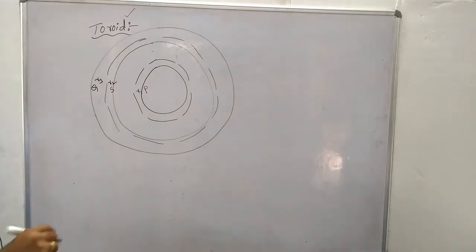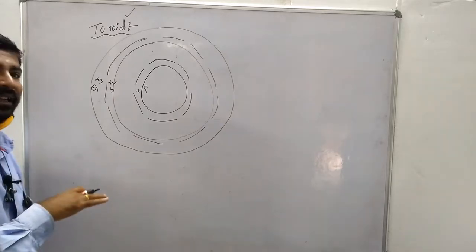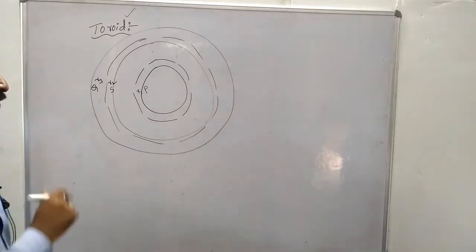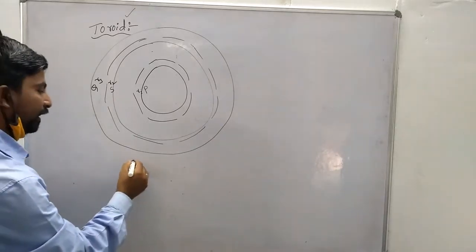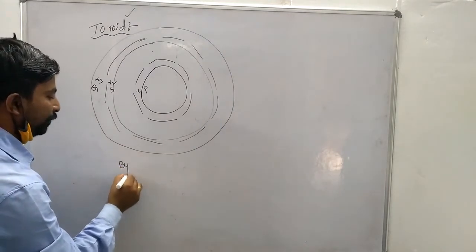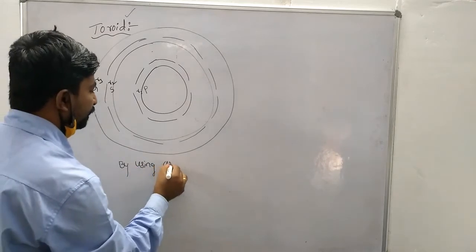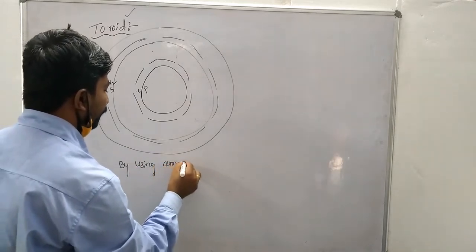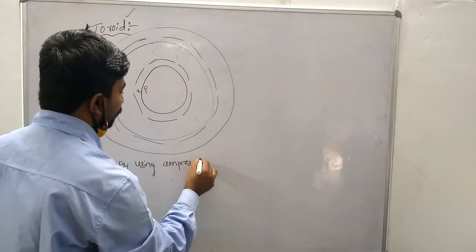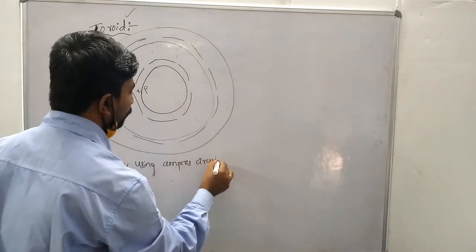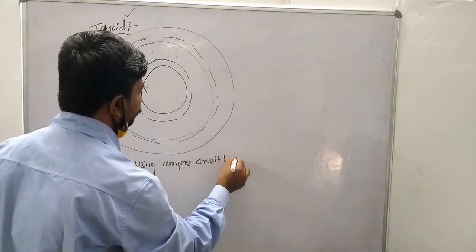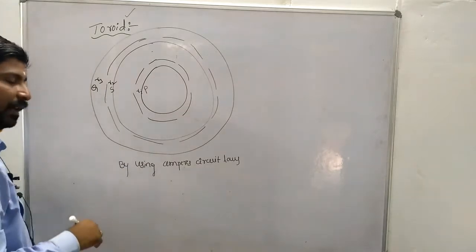So again by using Ampere's circuit law, the same way we derived for the solenoid, we derive for the toroid.